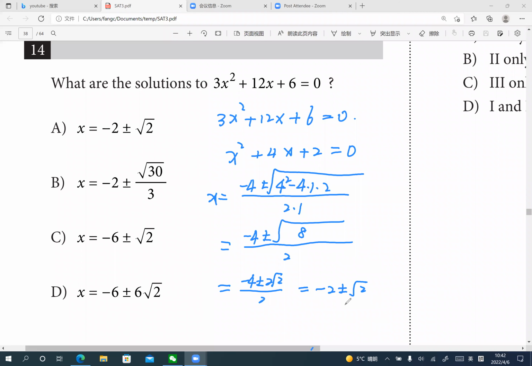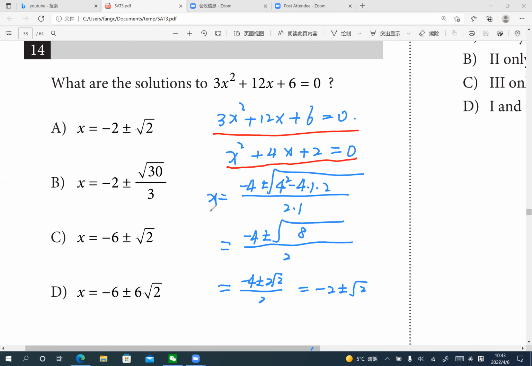Question 14. What are the solutions to 3x squared plus 12x plus 6 equals 0? To find the solutions of a quadratic equation, normally the first step is to simplify the quadratic equation. After factoring 3 out of the equation, we get x squared plus 4x plus 2 equals 0.